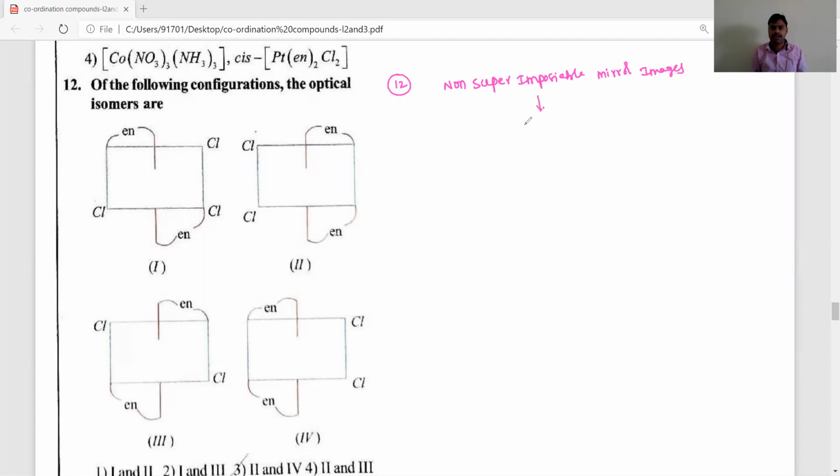Non-superimposable mirror images are called enantiomers, and these are always optically active. So the non-superimposable mirror image relationship is present for 2 and 4. The 2 and 4 structures are non-superimposable mirror images.